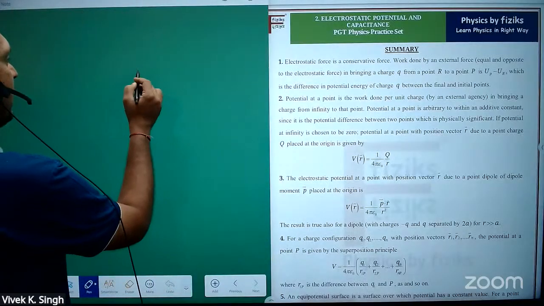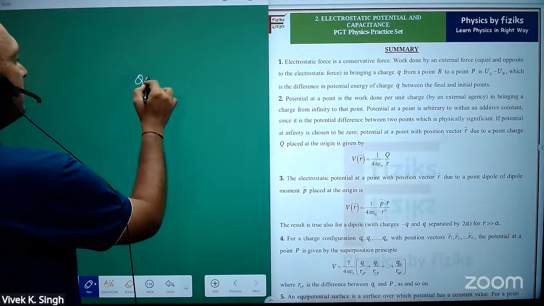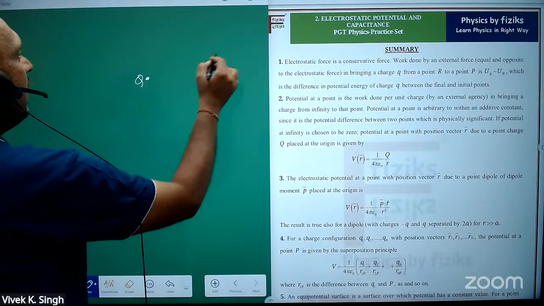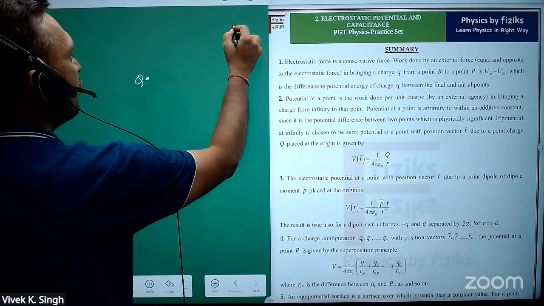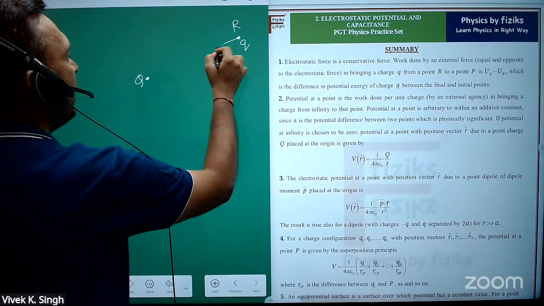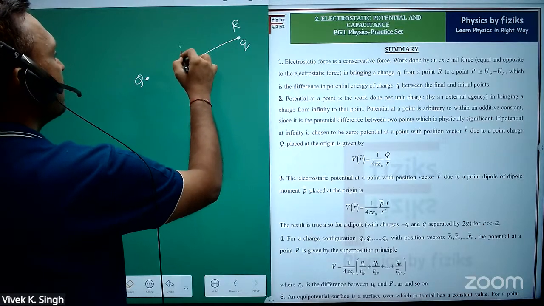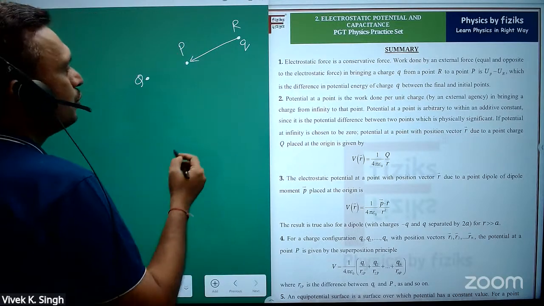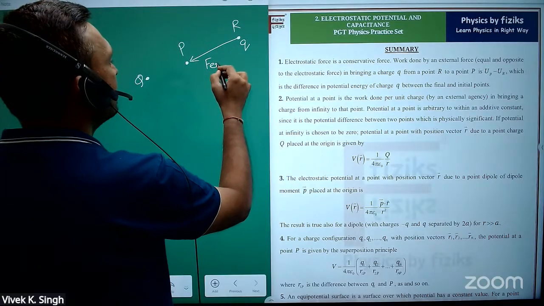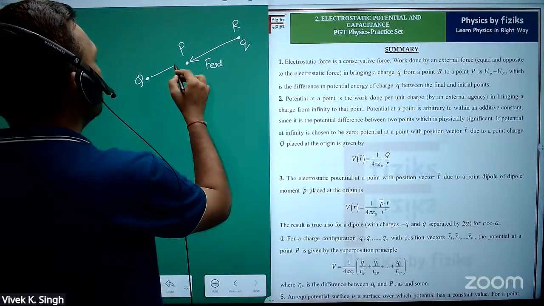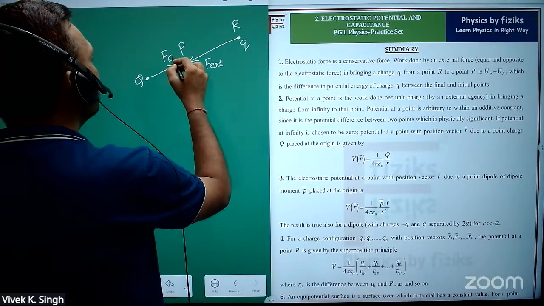So if you have some charge Q here and you are moving some test charge q from point R to point P, you need some external force, because the electrostatic force will be in this direction.